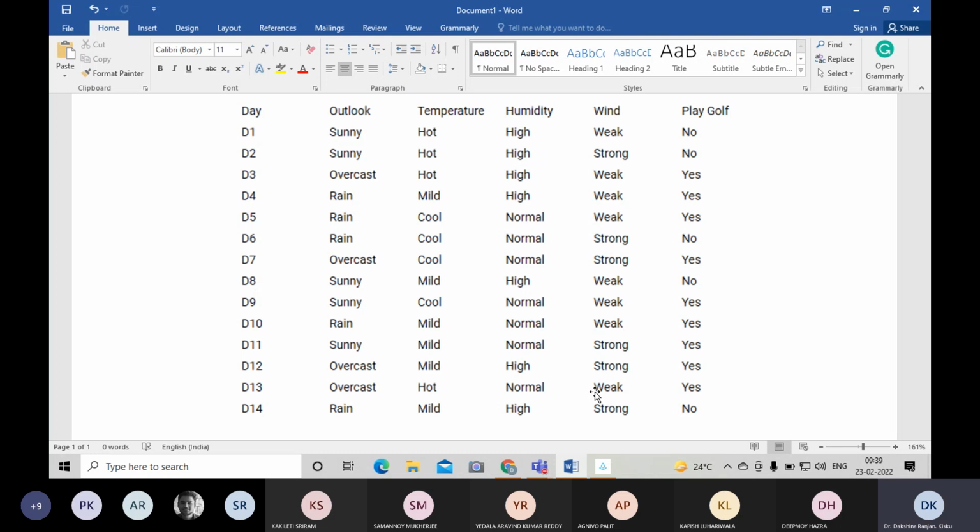So for probability of weak, we get 8 by 14, and probability of strong is found to be 6 by 14. And then we get the entropy.